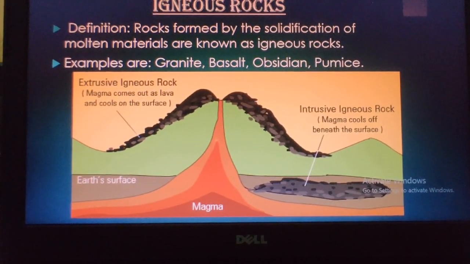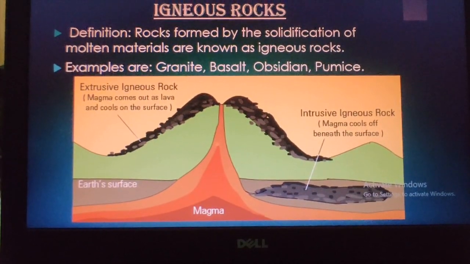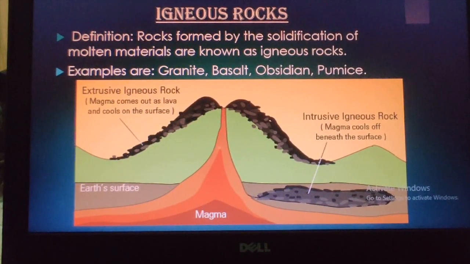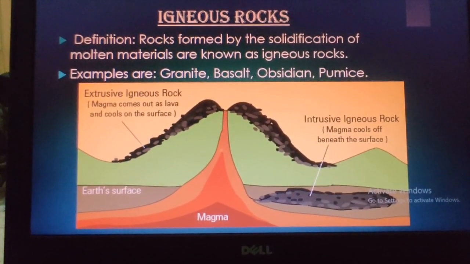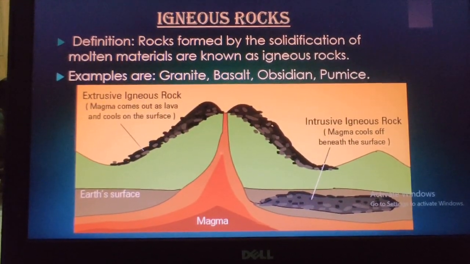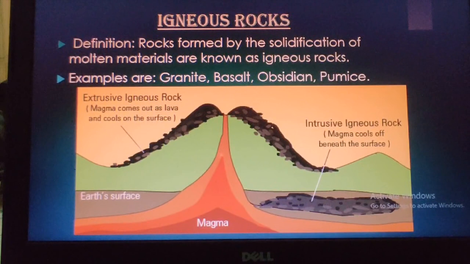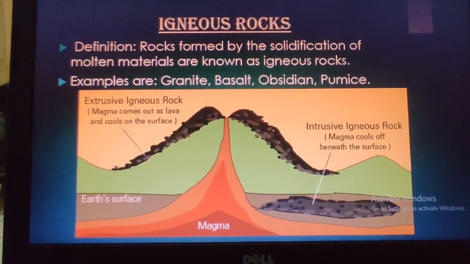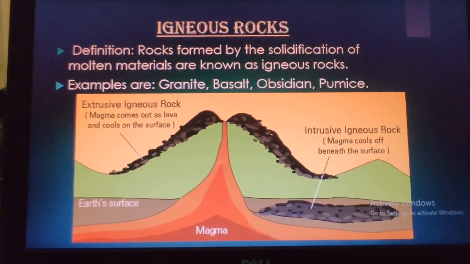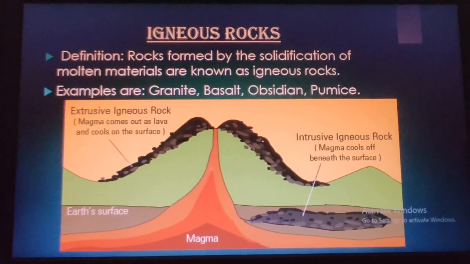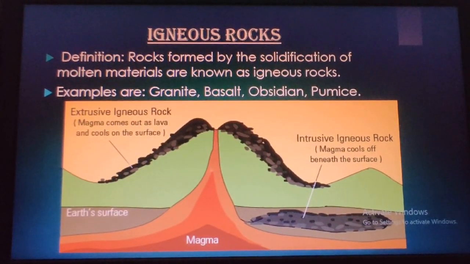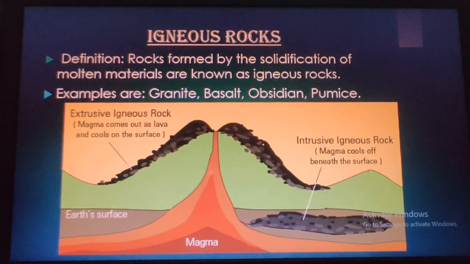Whenever magma comes out and cools down on the surface, it turns into igneous rock. It can also cool beneath the surface, which is known as intrusive igneous rock, and the one that is cooling down outside is known as extrusive igneous rock.